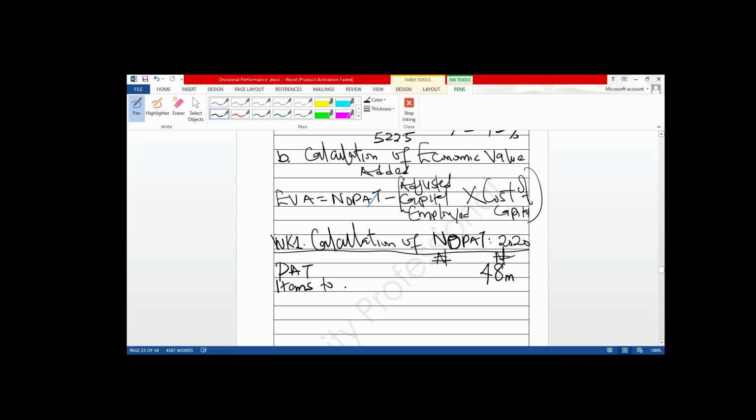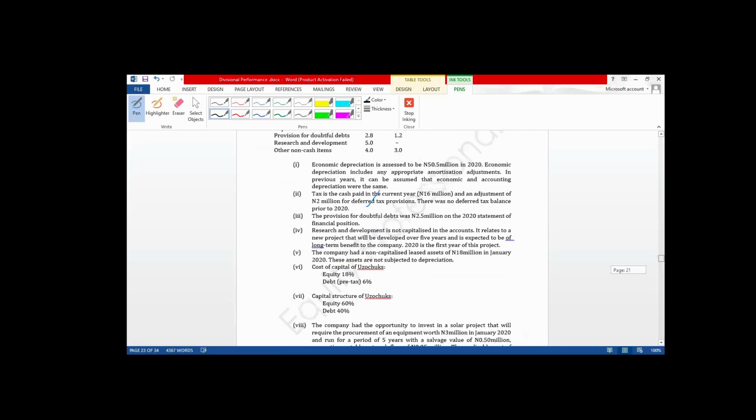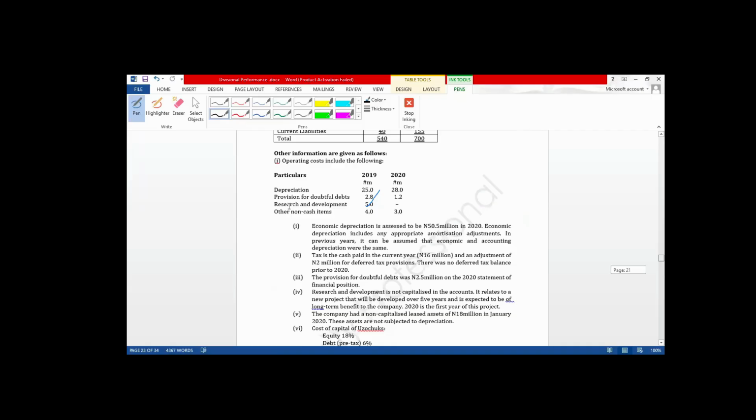48 million. Items to be added: depreciation. That is accounting depreciation. Let's go and check. Look at additional notes. Depreciation for 2020, 28 million.